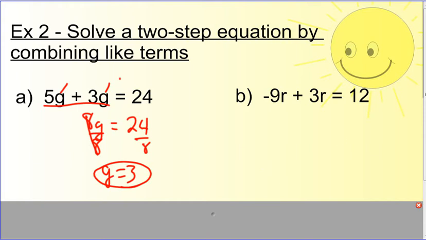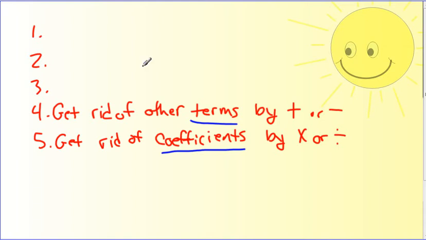Okay. Now we can actually go back up to the rules that we wrote down, Rule 4 and Rule 5. We can add a rule about combining like terms. It's actually step 2, combine like terms.